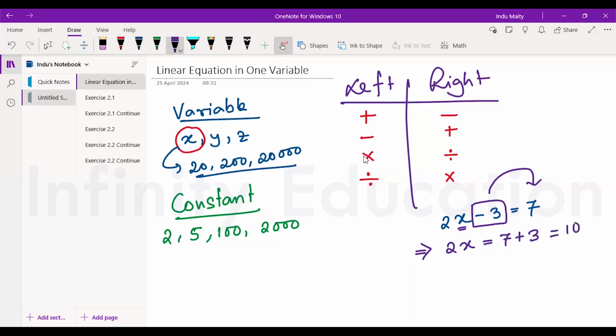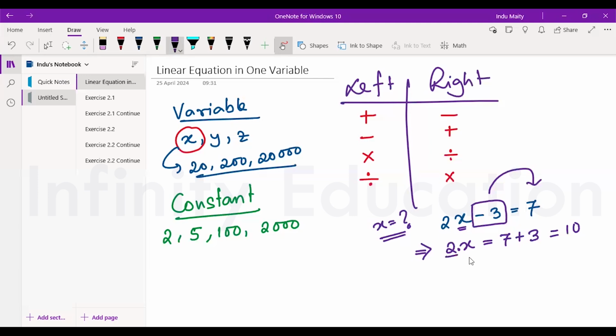Now we want the value of x, because we have to find the value of the variable without it being multiplied or divided by anything. We can see that 2 is the coefficient of x, so we are not getting the value of x yet.